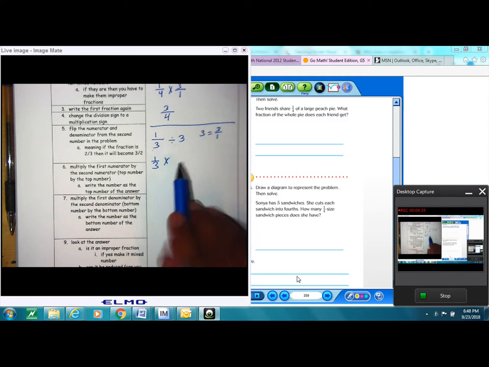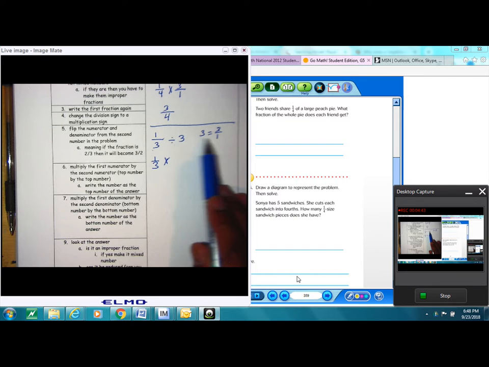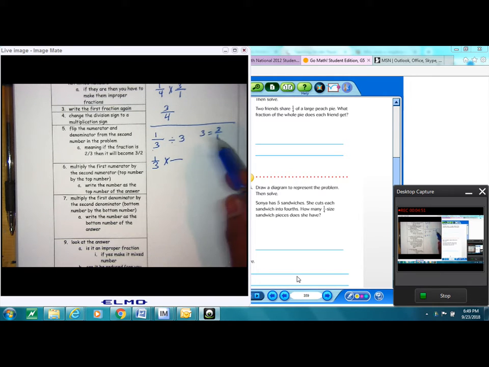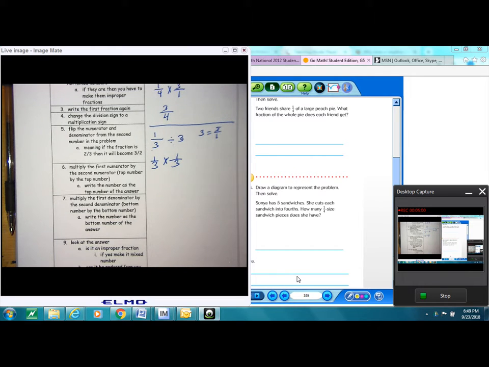The next step says flip this fraction, meaning put the bottom number on top and the top number on the bottom. And as you refer to this note over here, 3 is the same as 3/1. So the 3 goes on the bottom, and this 1 goes on the top.